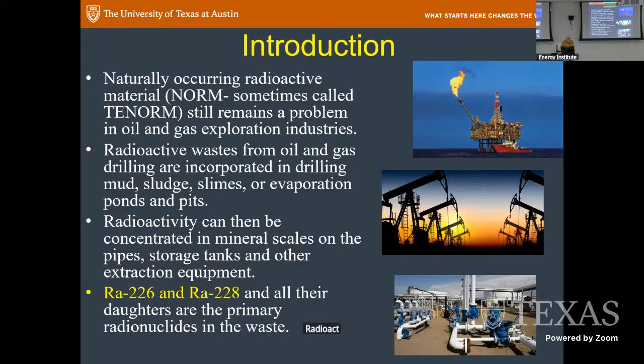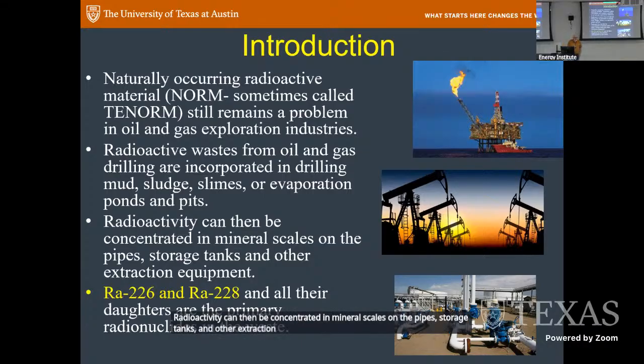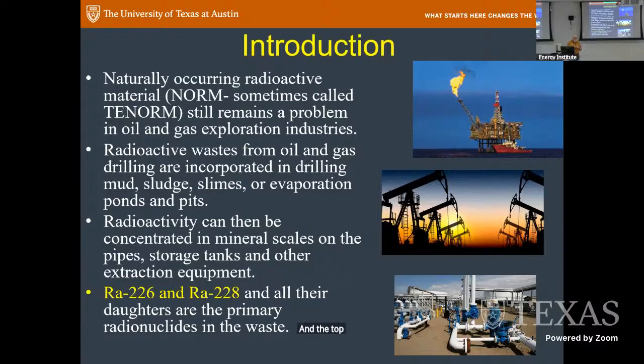Radioactivity can then be concentrated in mineral scales on the pipe, storage tanks and other extraction equipment. And the top two radioactive species which are monitored are the infamous radium-226 as well as radium-228. And all of their daughters are the primary radionuclides which are left in the waste.